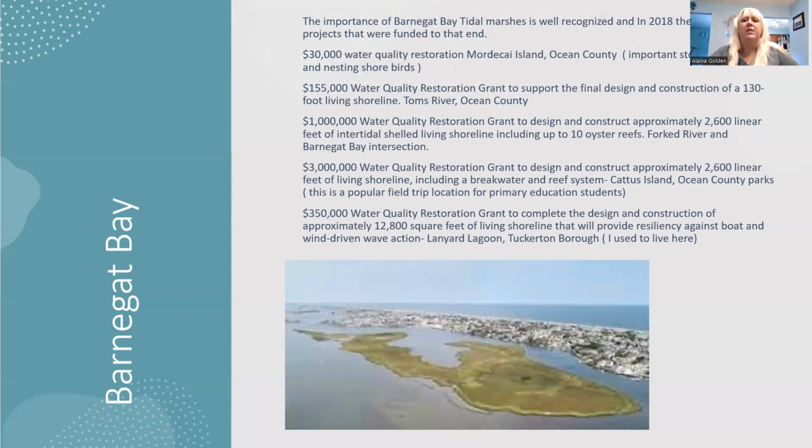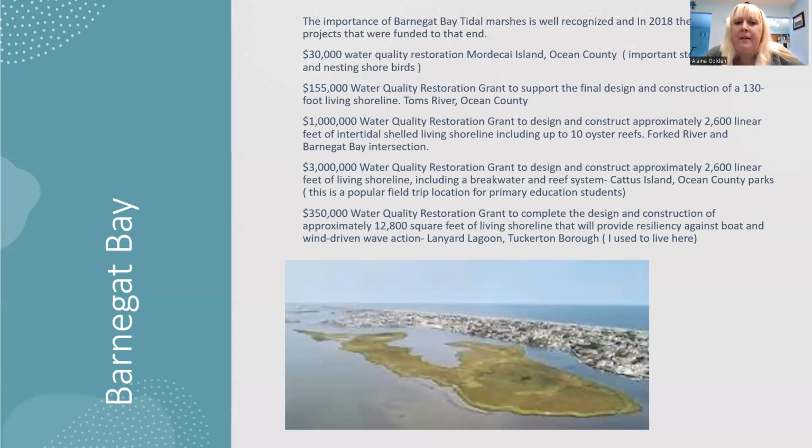So they're going to do some water quality restoration there. $155,000 water quality restoration grant for the final design and construction of 130-foot living shoreline, and that's in Toms River, Ocean County. So a little bit north of Mordecai Island.